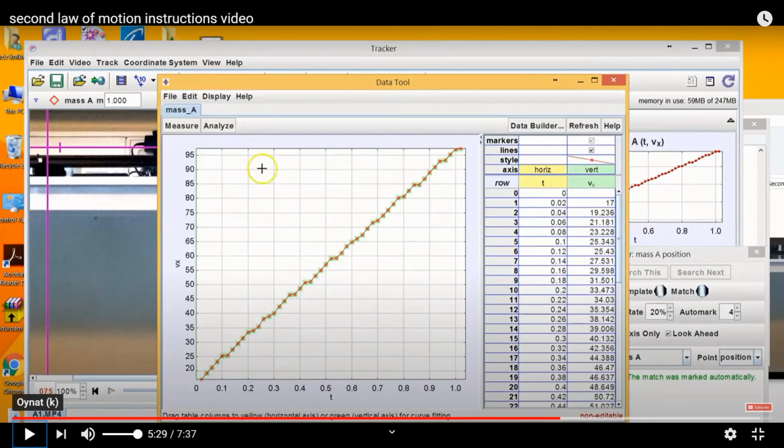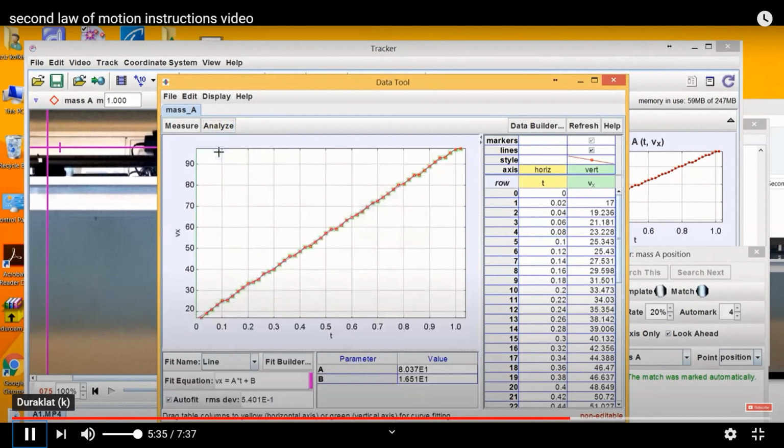On the opening screen, when Analyze and Curve Fits are clicked on, Tracker draws the best fitted line to the velocity time graph.